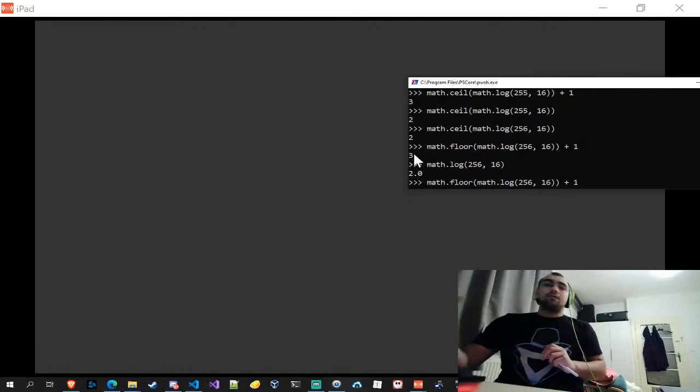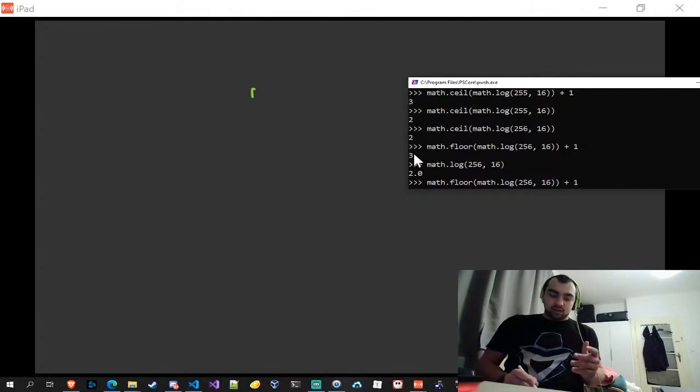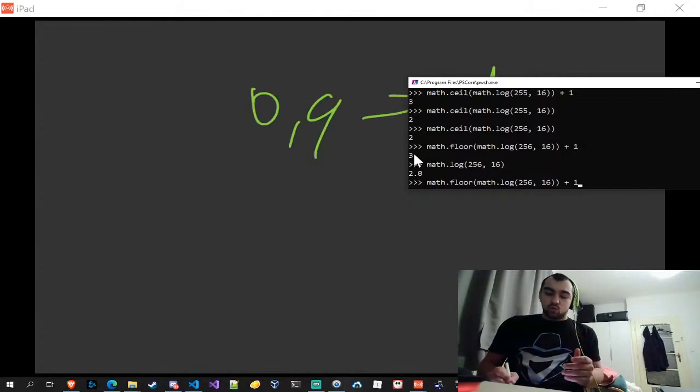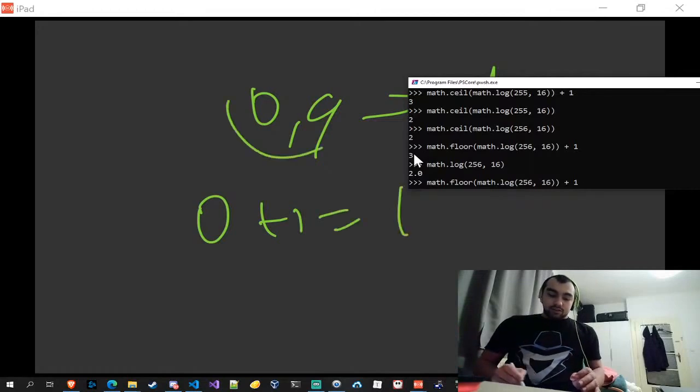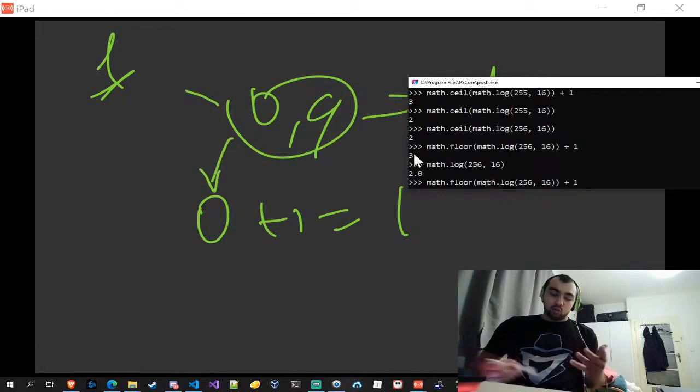Why? Because if your number is not an integer, let's say the result is 0.9, it's going to ceil this into 1, and that would be the result, because the floor of this would be 0 plus 1 in the original formula. But if the result is 1, the ceiling is still 1, but in the previous formula, the floor would be 1, so the result would be 2. So there would be a discrepancy, right?